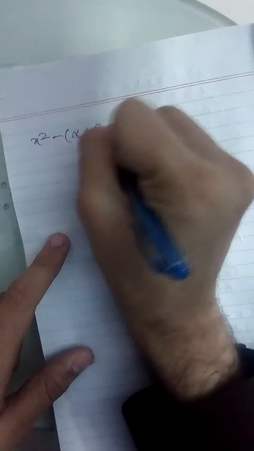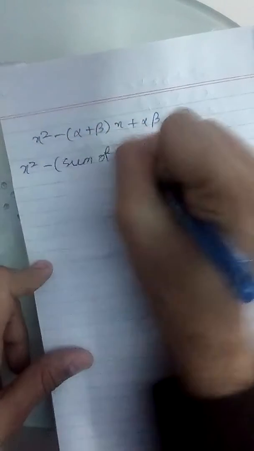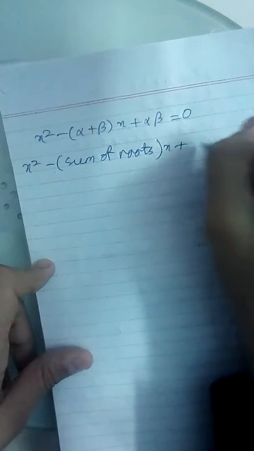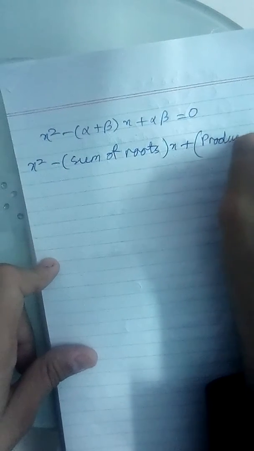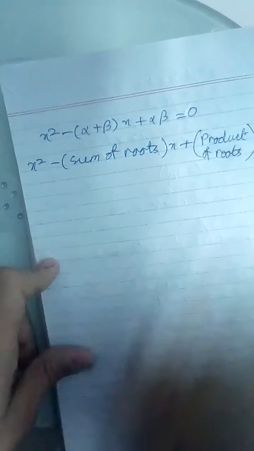In simple words, I am continuing the concept on the next page. We have x square minus (alpha plus beta) x plus alpha beta is equal to 0. We have x square minus sum of roots times x plus product of roots equals 0.